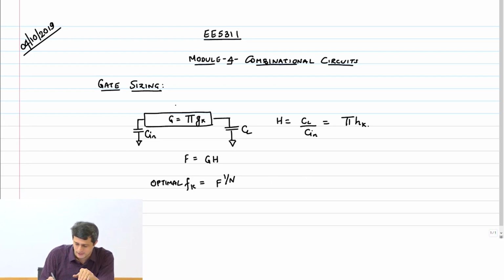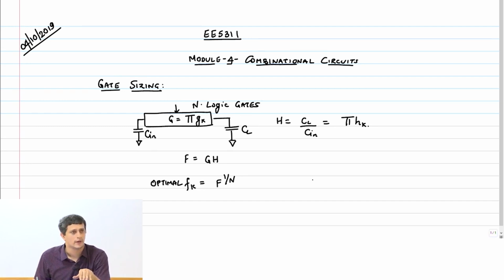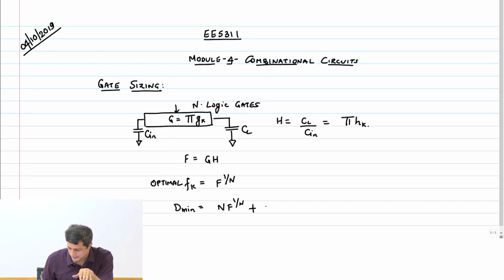This circuit contains n gates. That's what this n is. So it has n logic gates, and therefore the minimum delay was n into F power 1 by n plus P. And what is P?